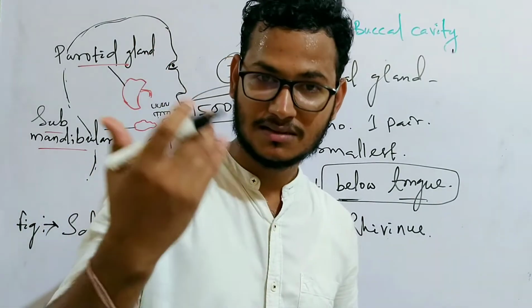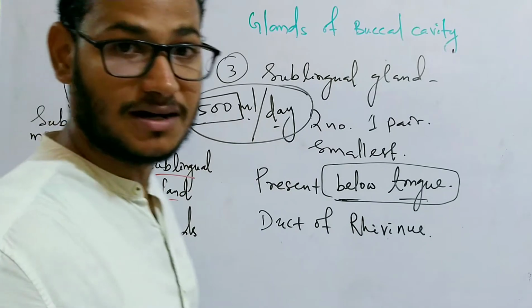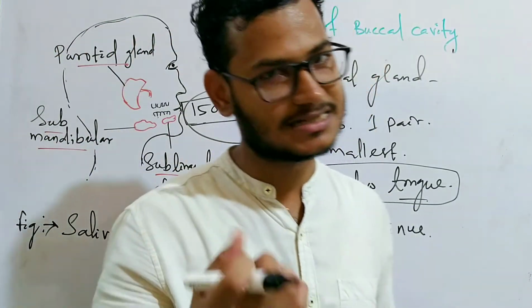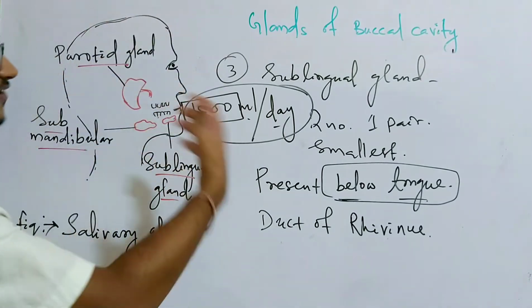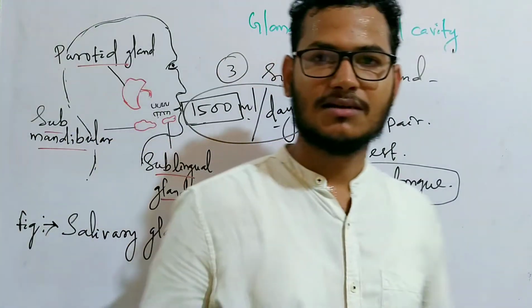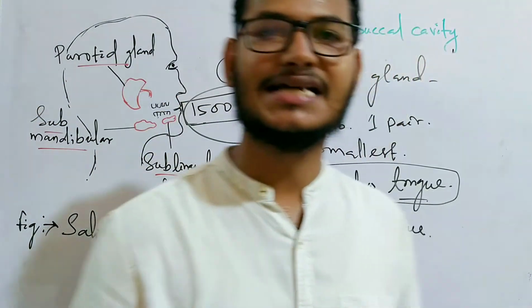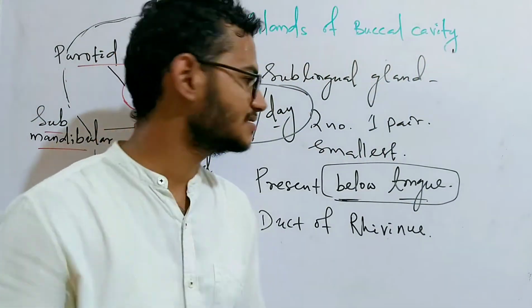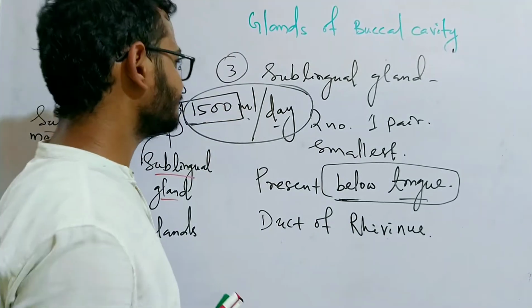So more than 1 liter, 1.5 liters of saliva or salivary amylase is secreted to the buccal cavity every day. So they have a very important function in our buccal cavity. They play an important role in the digestion of starch and many other functions are there. We will discuss them one by one.